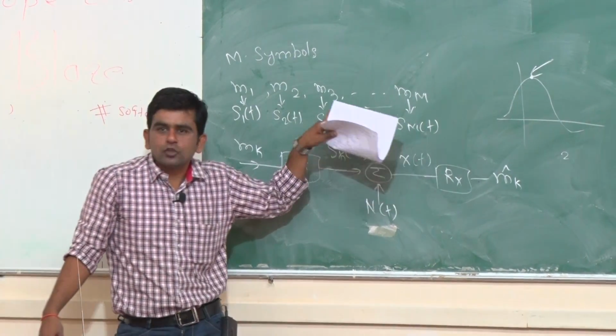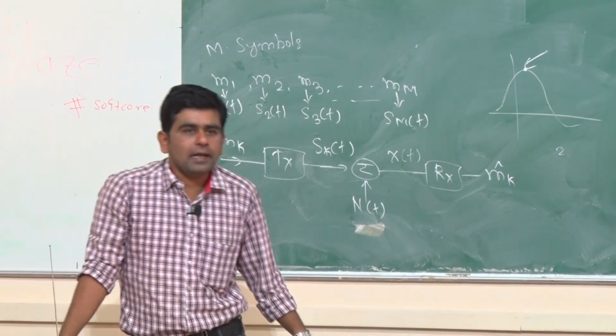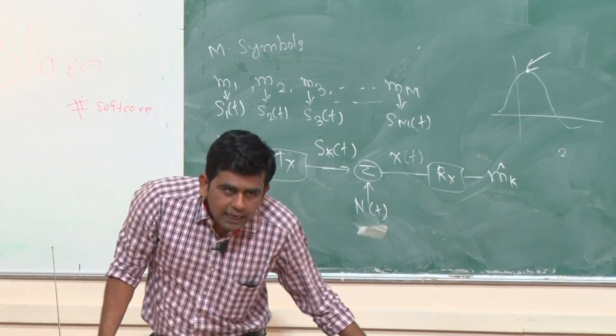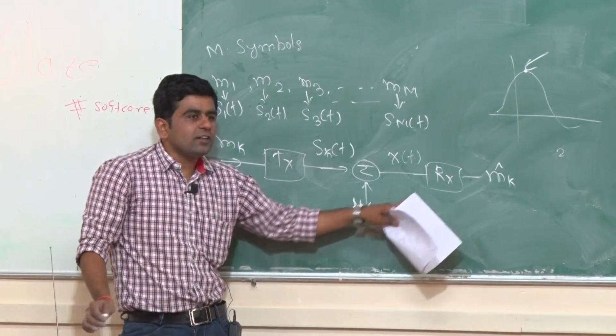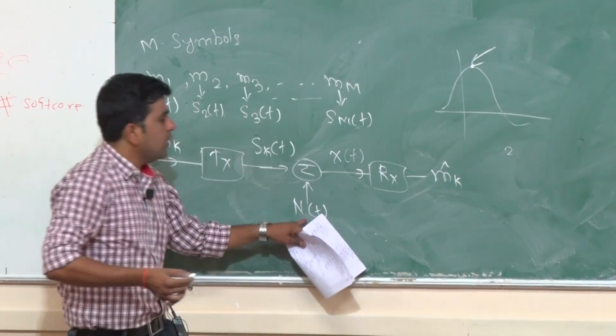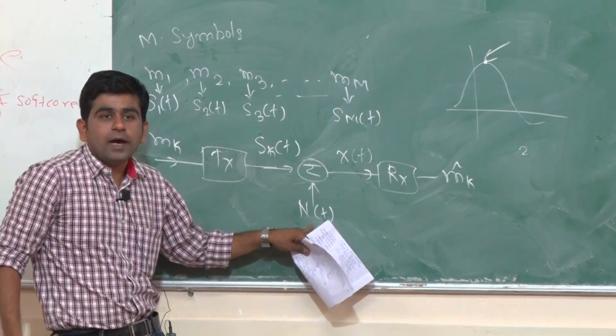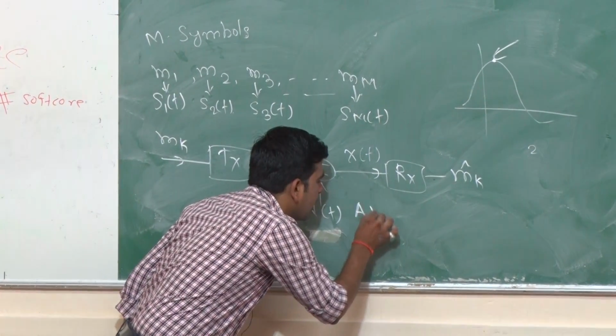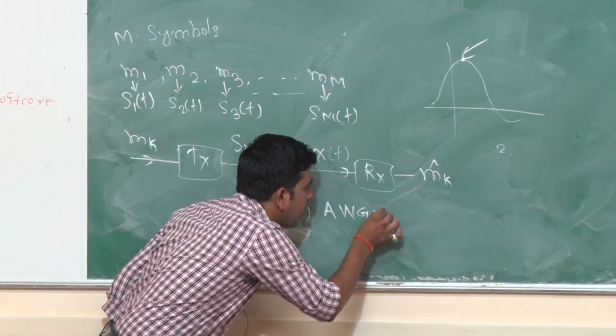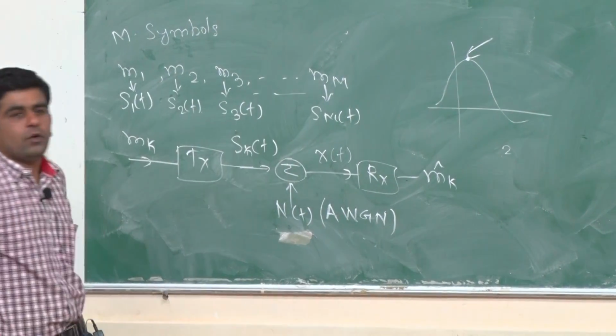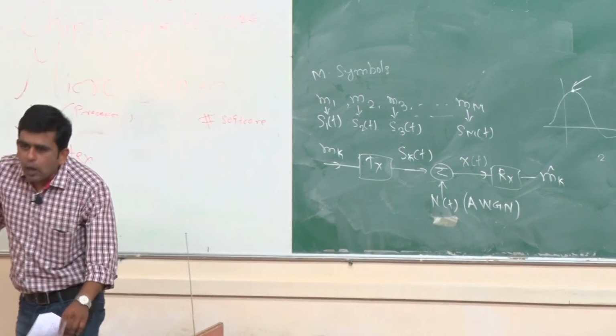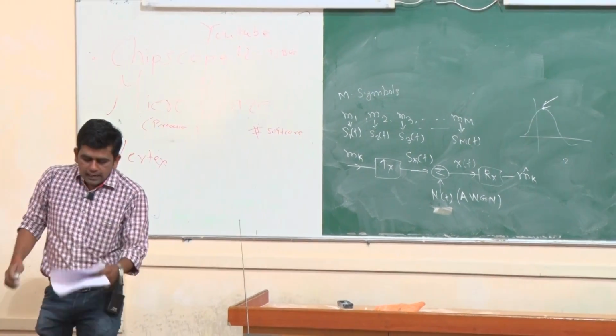This capital N should be less than or equal to capital M. Again, the other input to this receiver is n of t, the additive white Gaussian noise with power spectral density N by 2.